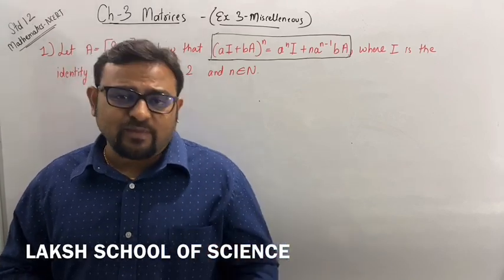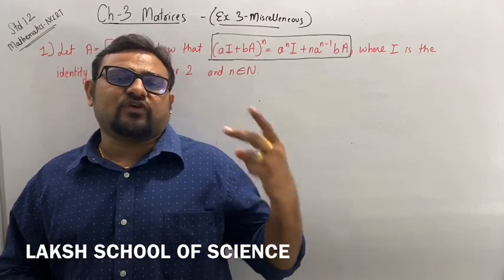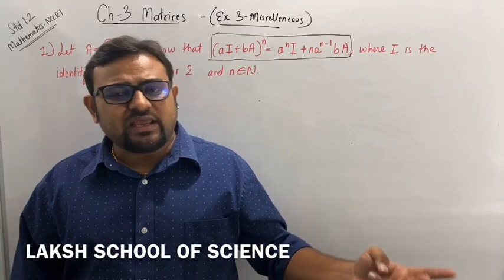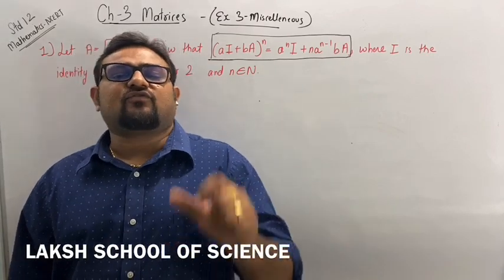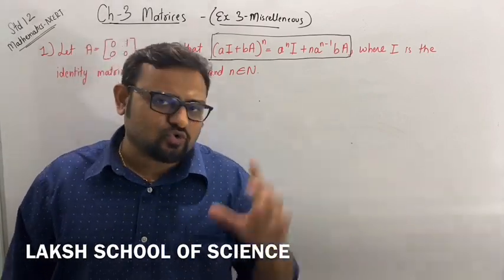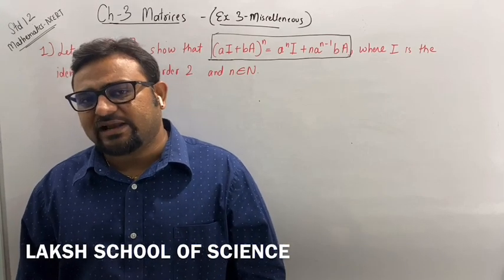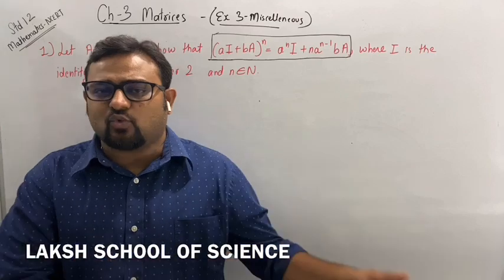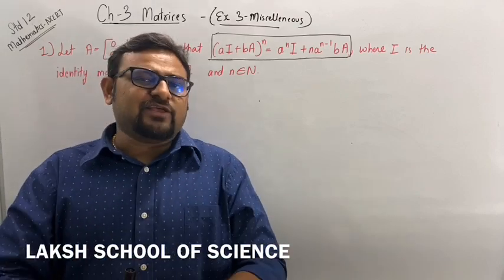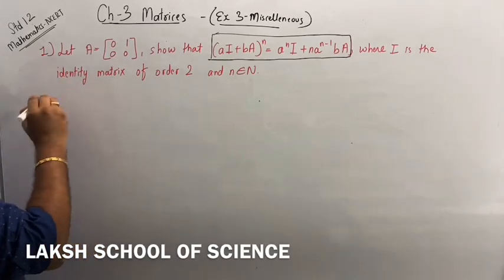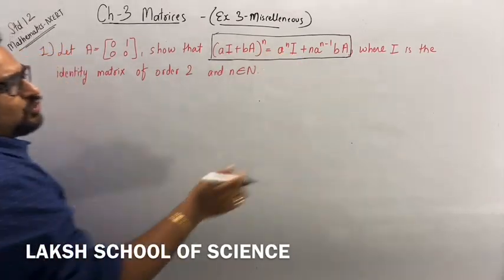Then we assume P of k is true, and using that we prove that P of k plus 1 is also true. So from this, according to the first principle of mathematical induction, LHS equals RHS. So we will be using that method. Okay, so this we have to prove.